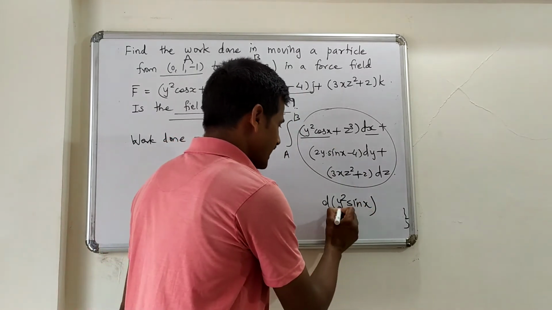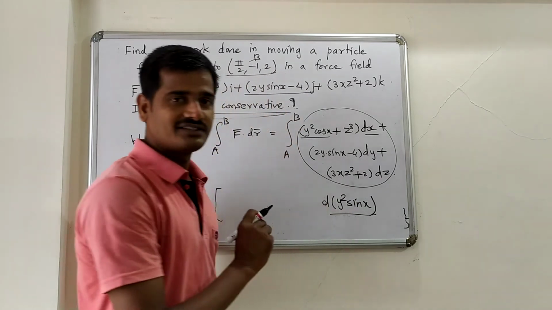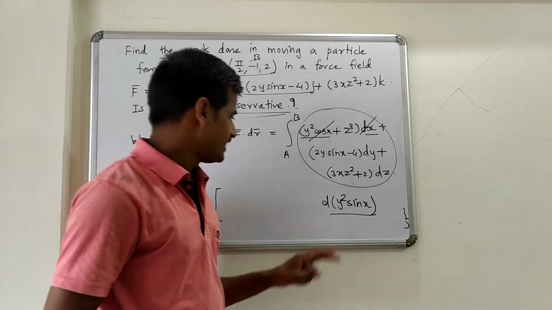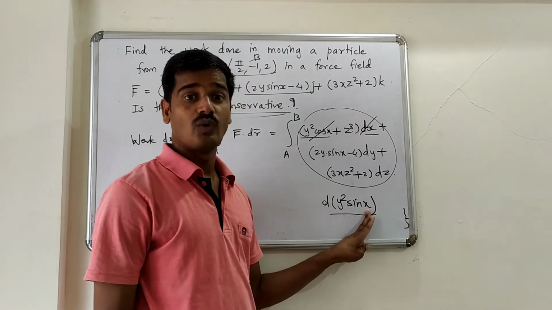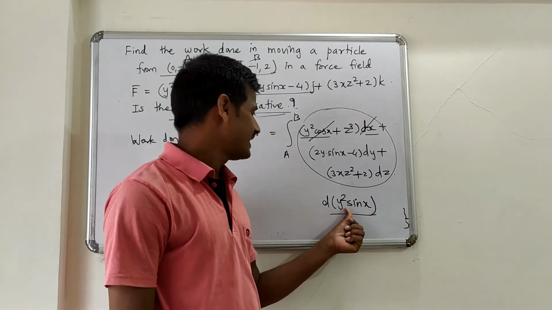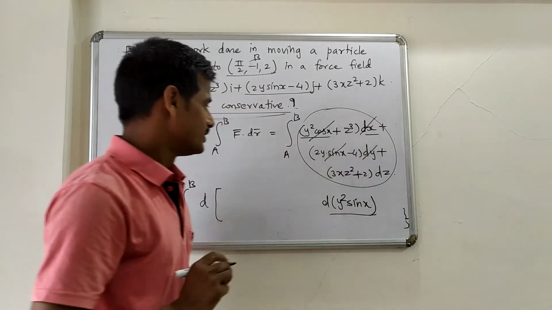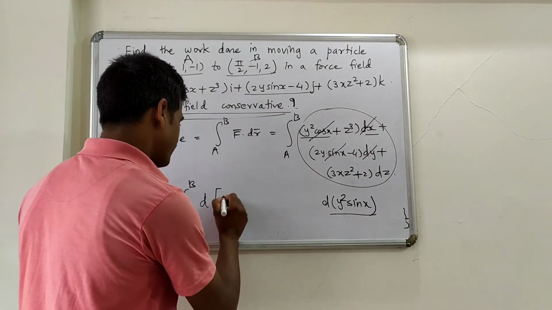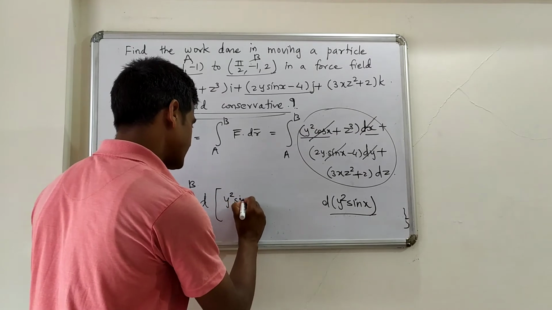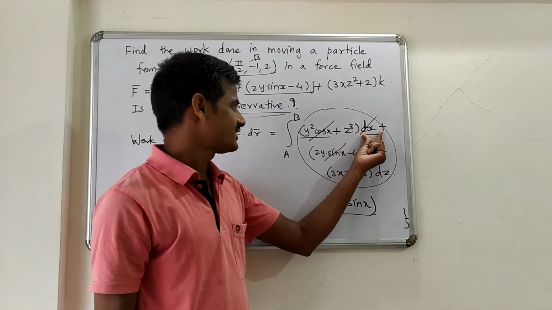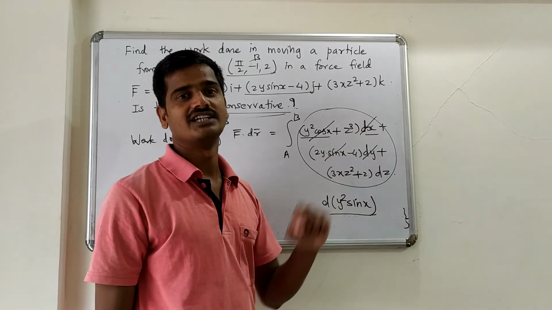So when I differentiate this with respect to x, it will absorb the first term. And when I differentiate this with respect to y, it is 2y sin x dy, so it will absorb this term. So derivative of y square sin x corresponds to y square cos x dx plus 2y sin x dy.